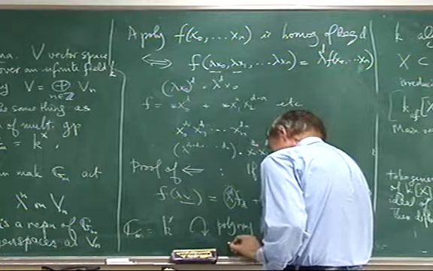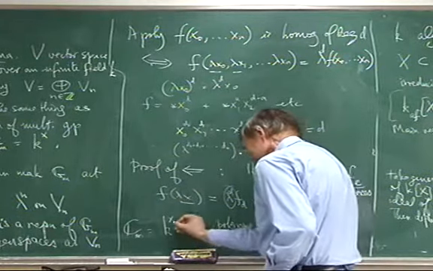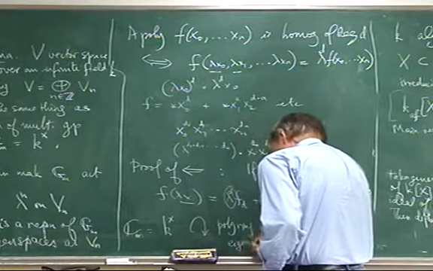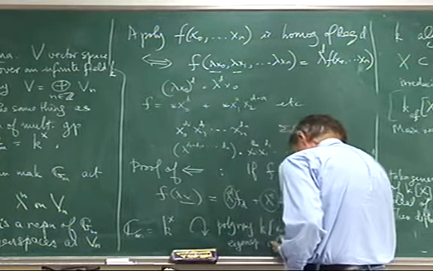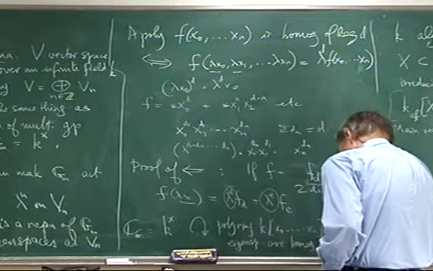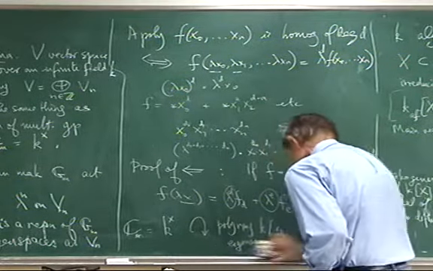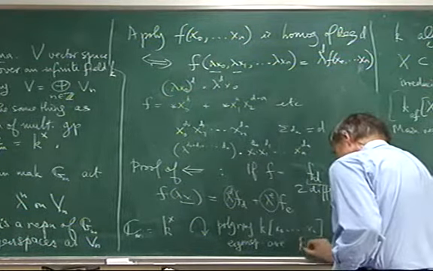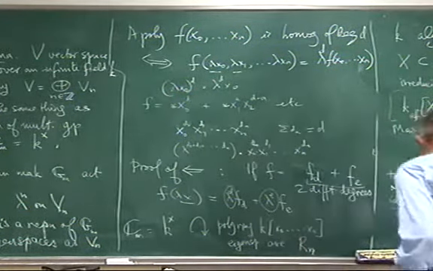And at least if k is infinite, the eigenspaces are the homogeneous pieces, the eigenspaces are the R_n.